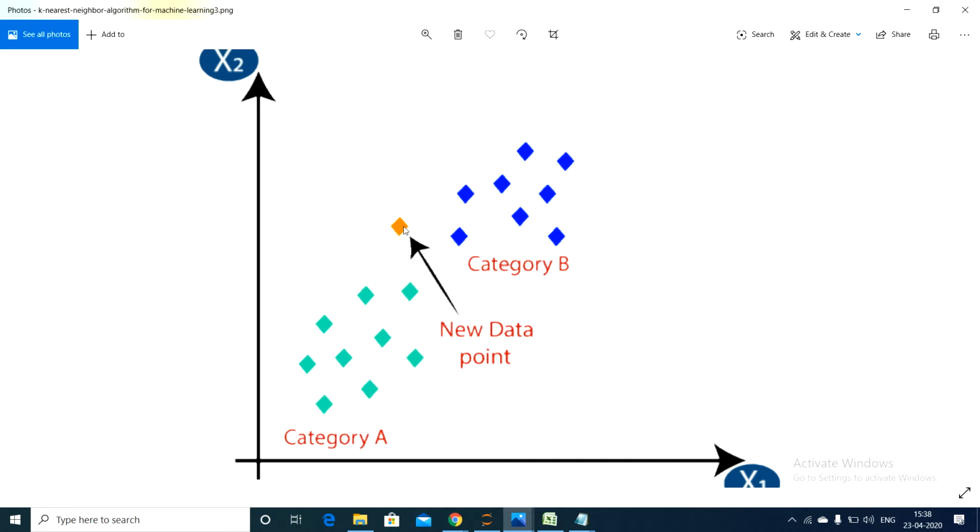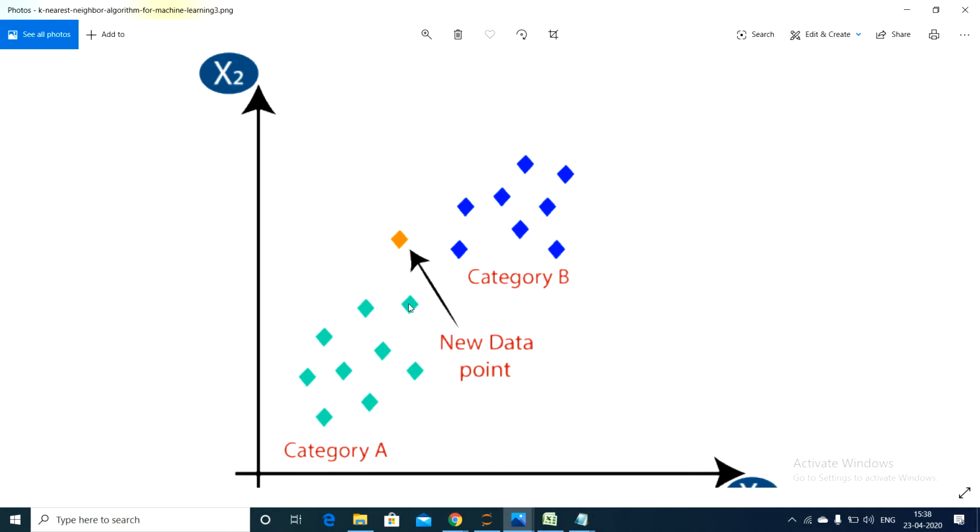We need to select points that are near to this. Here this is A category, this is one point near to that, this is one point near to that. So we need to select the number of nearest points to the new data. That is what k is.